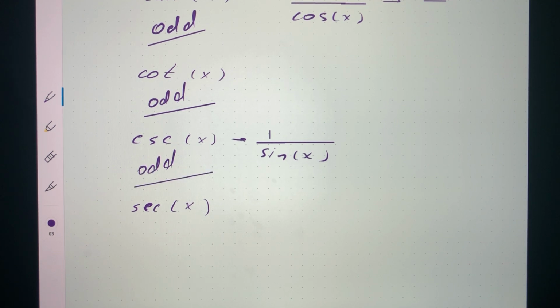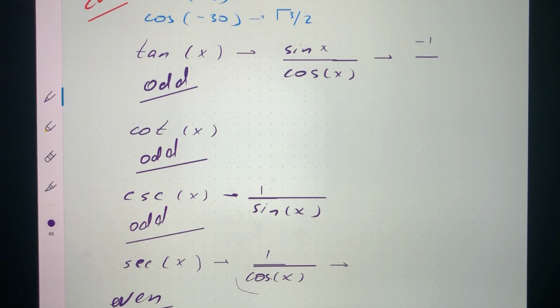And the secant is 1 over cosine, and we know that cosine is even, so if we change the x for the negative x, nothing will change here, and we'll get exactly the same answer, so secant is even. And that's it.